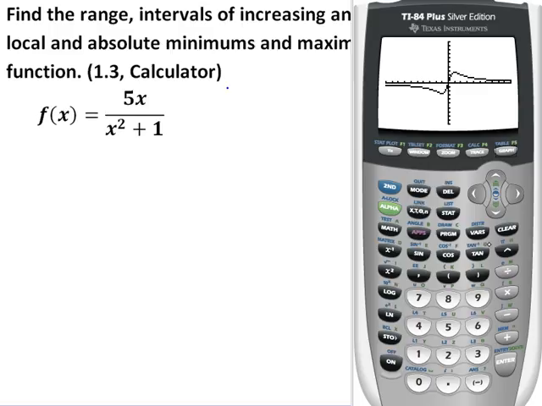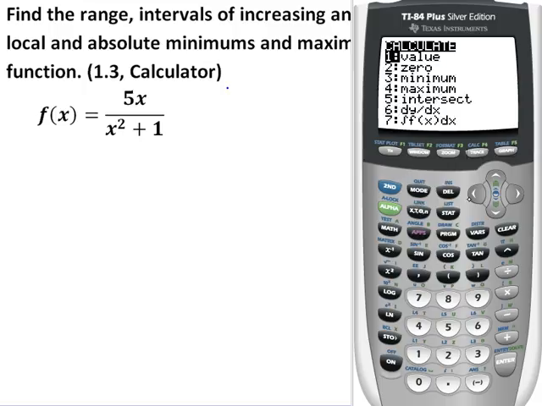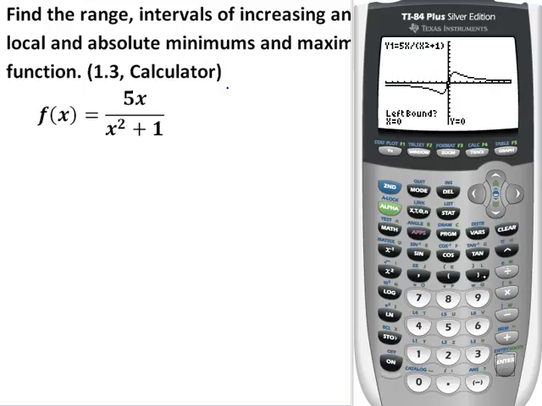Now the first thing I want to do is figure out with this graph what the turning points are, what its minimums and maximums are. So for that we'll go second calc. Option 3 and 4 are mins and maxes. I'm just going to start on the left with the minimum. We'll go enter. Okay, for a minimum I need a left bound, so I need to scroll past that min on the left.